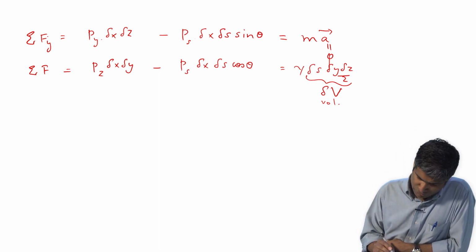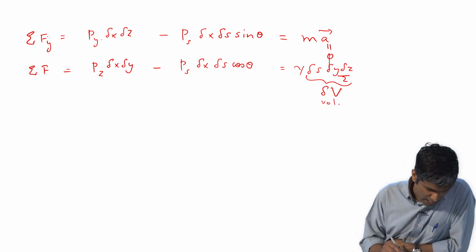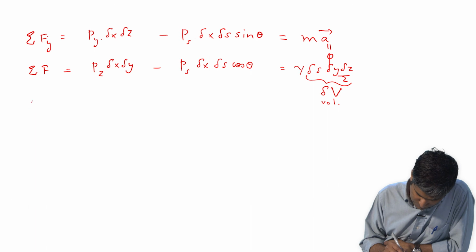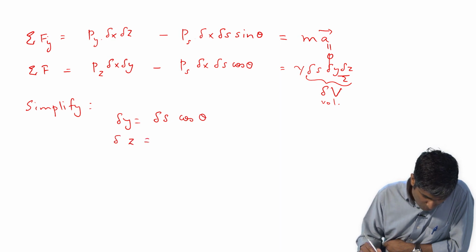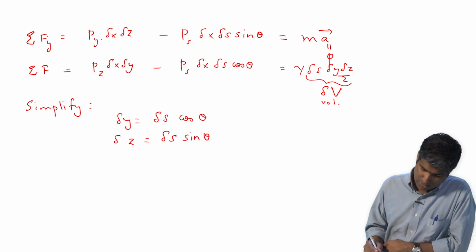If I were to simplify this, I would make use of the fact that delta y is delta s cosine theta, and delta z is related to delta s through the sine of the angle.